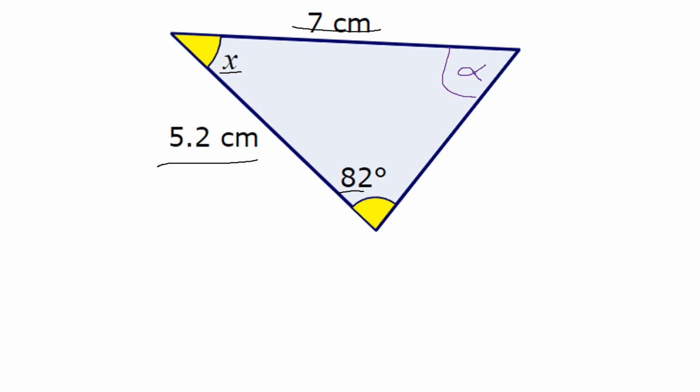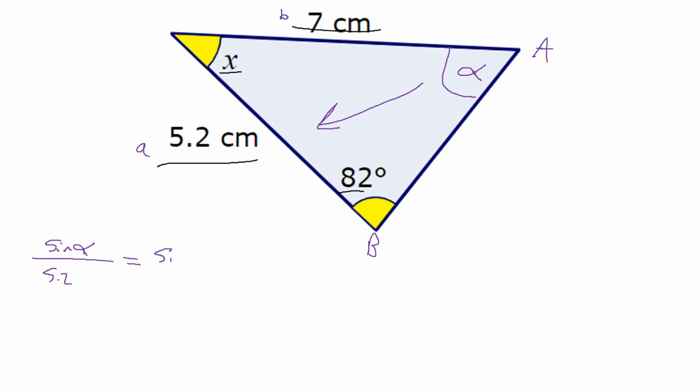So sine alpha, if we call this A, what's our lowercase a going to be? It's going to be this 52, because remember, it's opposite the angle, over 5.2 is equal to, we have a B here, and so our lowercase b is going to be this 7.